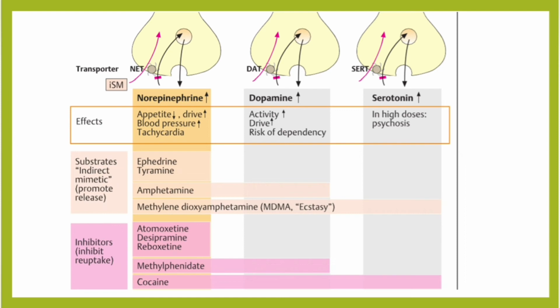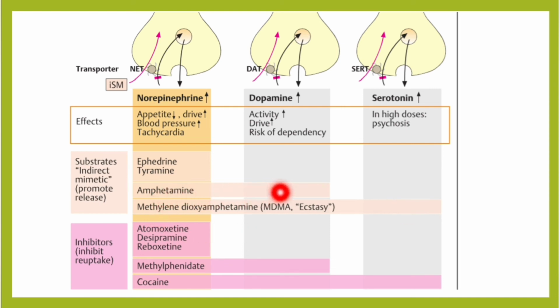Methylphenidate will increase norepinephrine and dopamine. Reboxetine only acts on norepinephrine. It only increases norepinephrine. Methylenedioxyamphetamine increases everything again, just like cocaine.